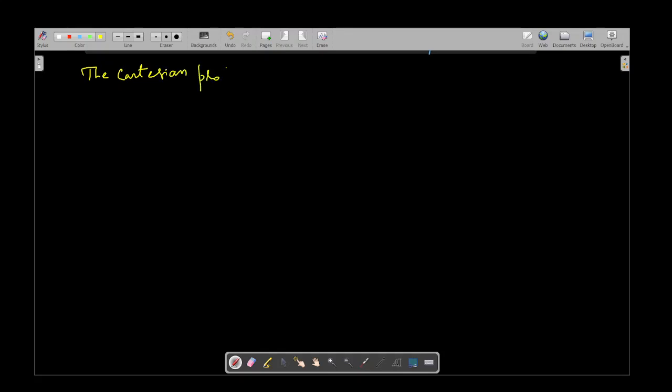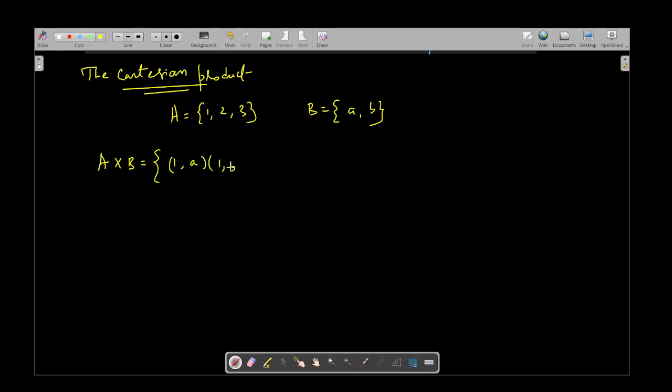If we have A equal to {1, 2, 3} and B equal to {A, B}, then the Cartesian product is obtained by pairing every element of A with every element of B. I take the first element of A and pair it with every element of B, so I get (1, A), (1, B). I do the same for the other elements: (2, A), (2, B), and (3, A), (3, B).